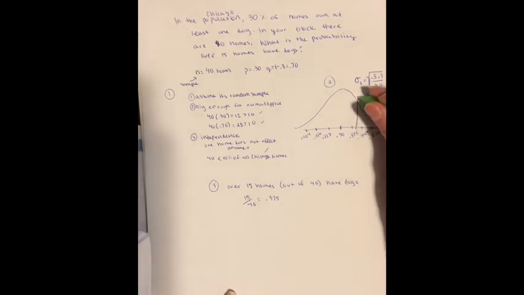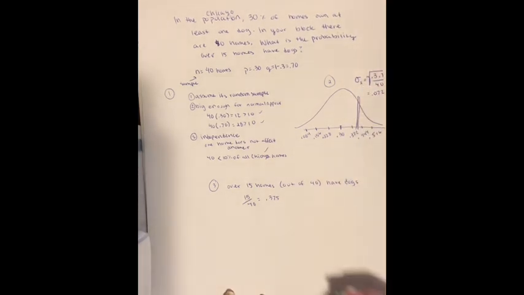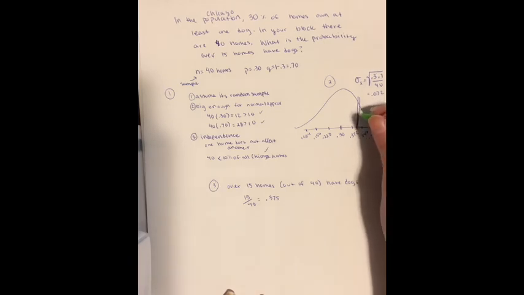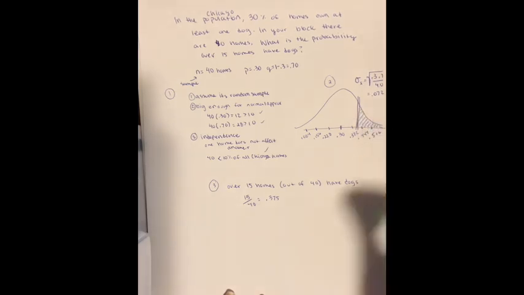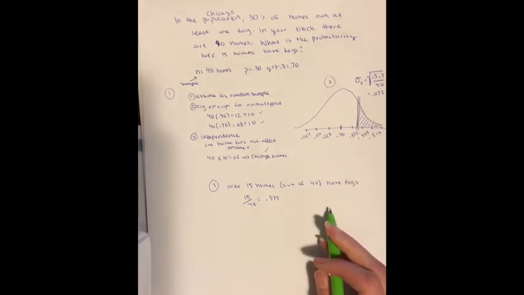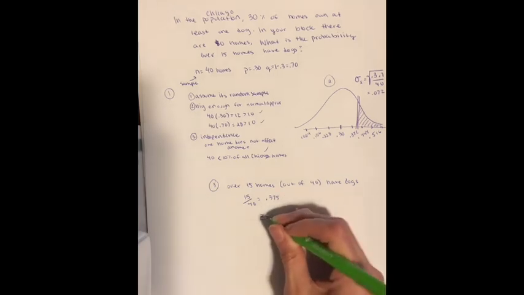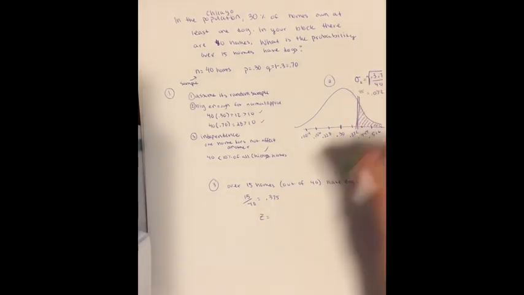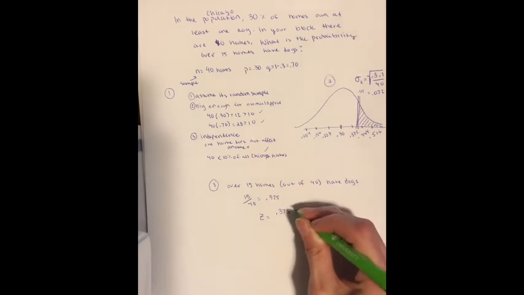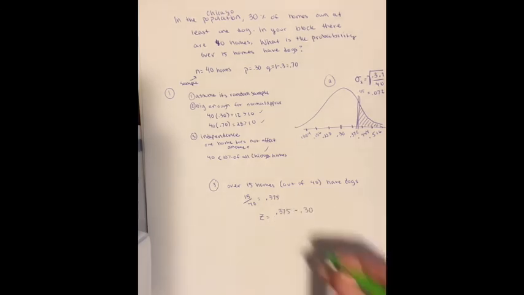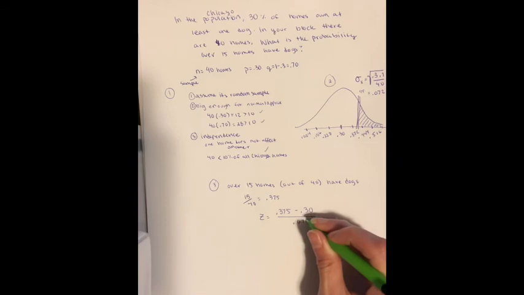So I'm right here. So the question is, what is the probability out of 40, 15 or more have dogs? So my line is at 0.375. So I need to figure out how far away from the center that is, and then how many standard deviations it is.